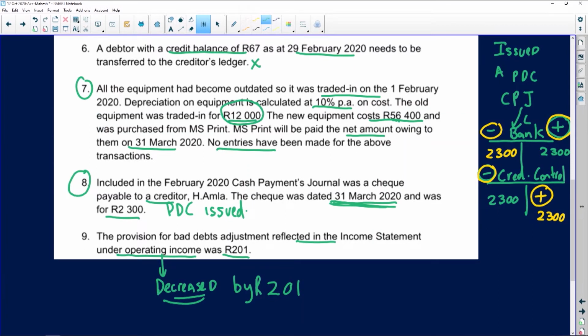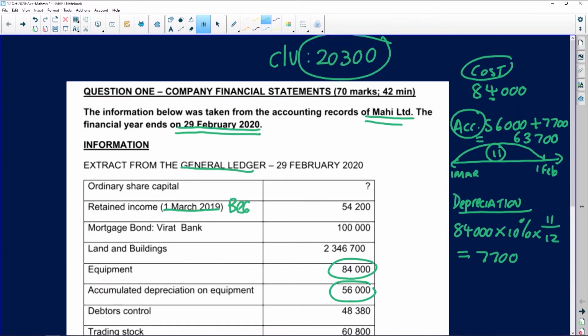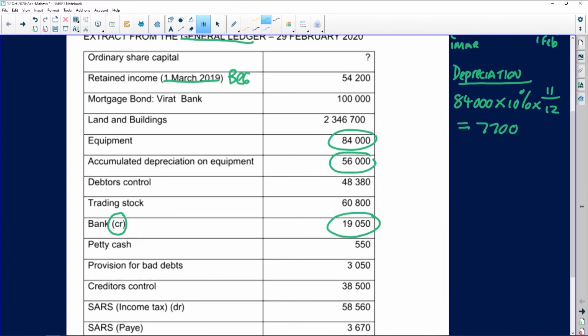Okay, right. So how is this going to affect my balance sheet? So if I go to provision for bad debts, remember this is the old provision for bad debts, an amount of 3050. This provision now decreases by 201 Rand.